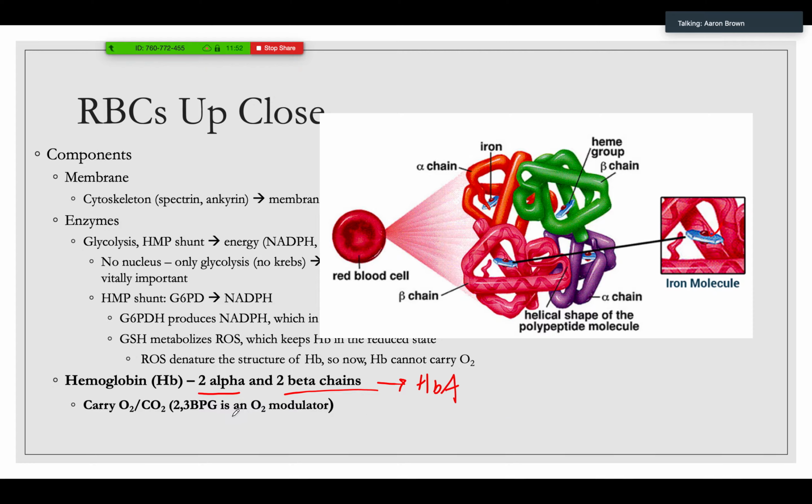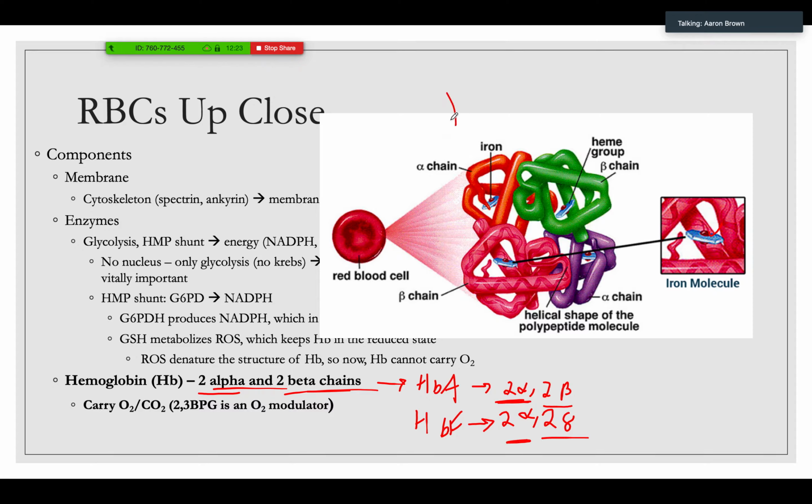But every hemoglobin will end up having 4 chains. So hemoglobin A is 2 alpha and 2 beta. Okay? If I instead had 2 alpha and 2 gamma, this would be our fetal hemoglobin, HbF. Okay? And so you see, you would have 2 of the same alpha chains in both.